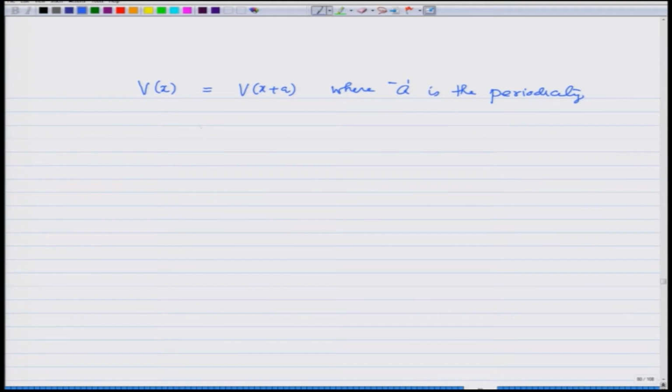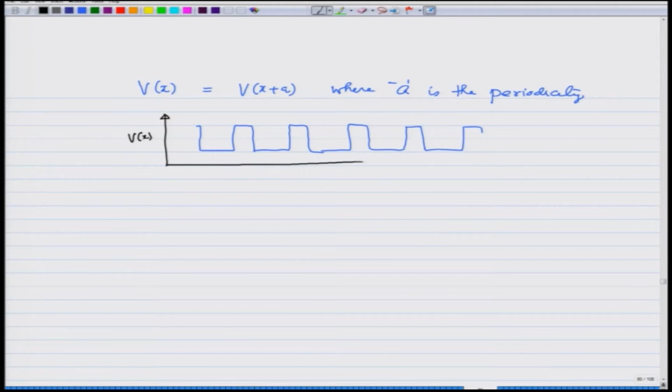For example, if I have a potential like this, where I have shown the potential energy along the y axis and x is obviously on the horizontal axis, and let us say this level which I am showing through dotted lines is V equals 0, and the height of the potential which I am showing by the red dotted line is V. Then you see after a certain distance the potential repeats itself.